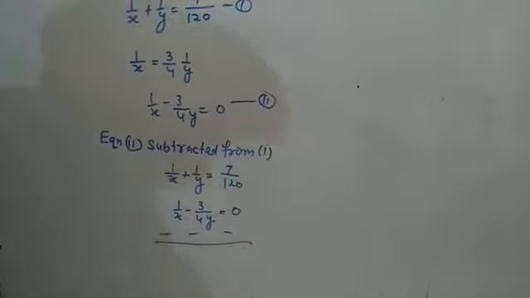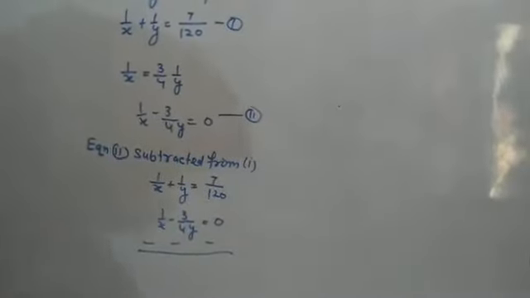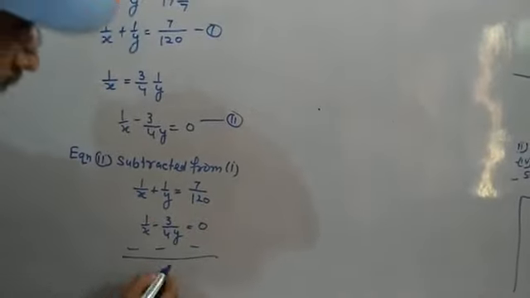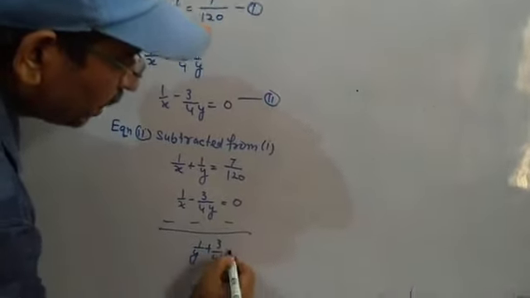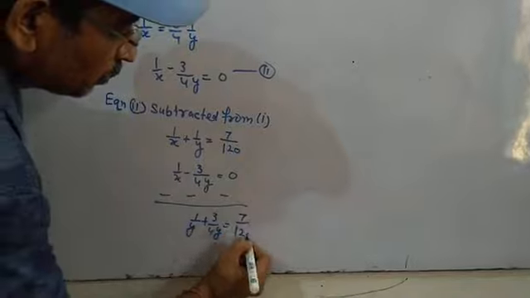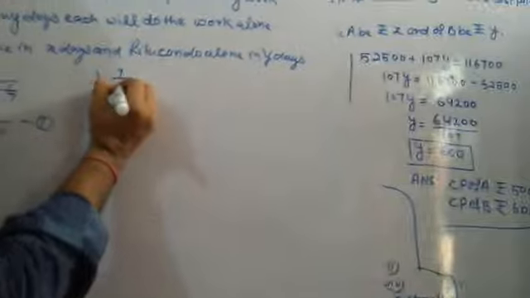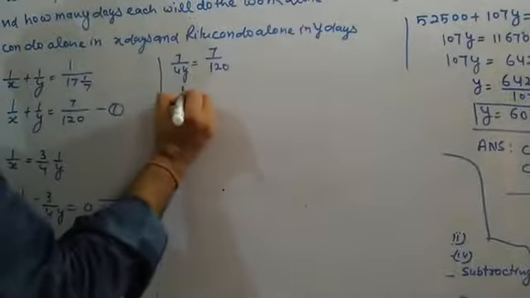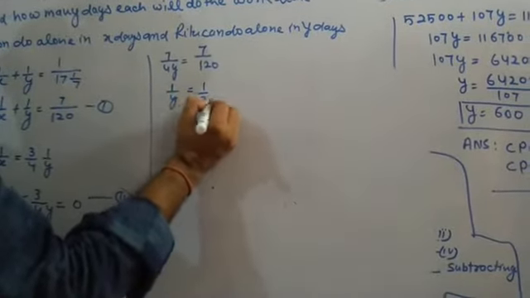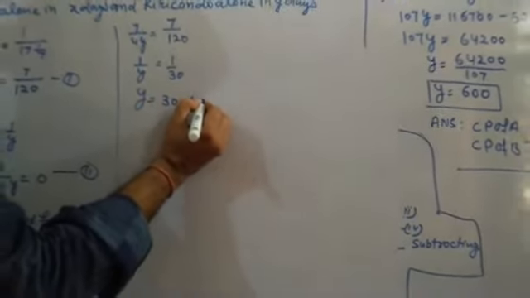This gives 1/y plus 3/4 y equal to 7/120, or 7/4 y equal to 7/120, so 1/y equal to 1/30, y equal to 30 days.